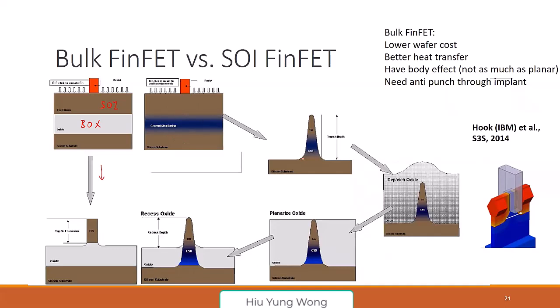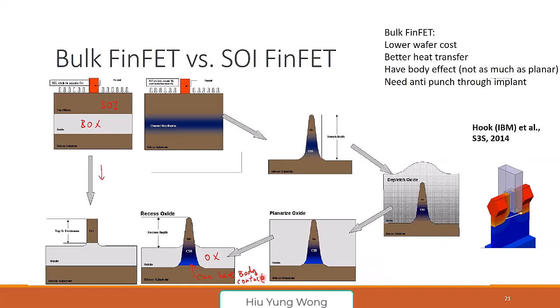We just etch it. After we etch it, we just fill up with oxide for isolation. But this is bulk, so I can have body contact. Just two different types.